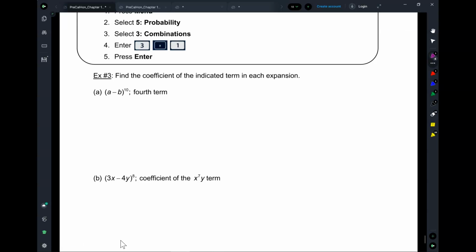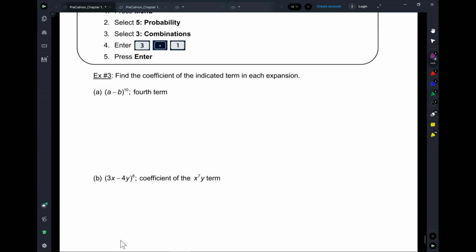Now, why is this helpful? Look at this one. Find just the coefficient of the indicated term in each expansion. I have a minus b to the power of 10. This has 11 terms. I want just the coefficient of the 4th term. It's too long to do the whole Pascal's triangle and expand it, and this gives us a way to do it immediately.